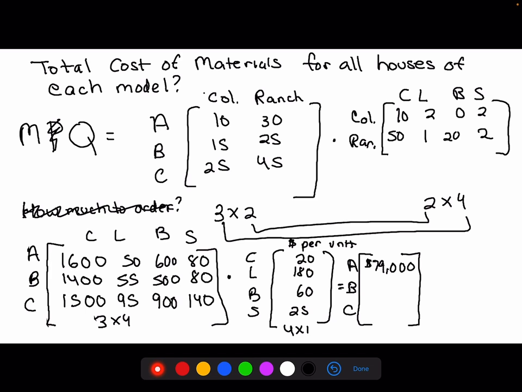Model B, we've got 1,400 times 20 plus 55 times 180 plus 500 times 60 plus 80 times 25. And we get $69,900 for that one.